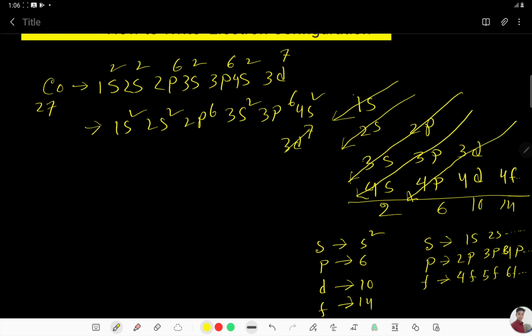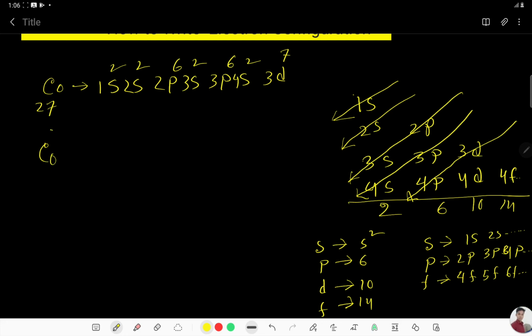Now I will show you how to write the electron configuration of cobalt 2 plus and cobalt 3 plus. So look, cobalt 2 plus means you have to deduct 2 electrons from the neutral atom. So 27 minus 2, that is 25.